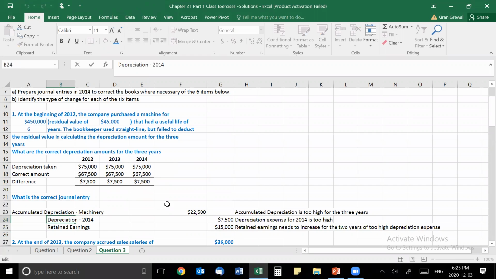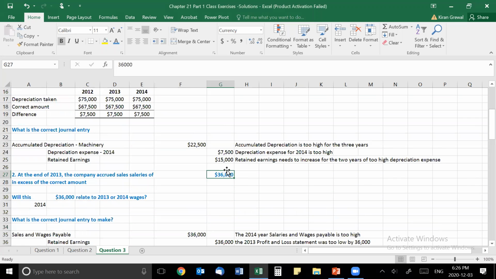So we can actually just reverse our depreciation expense in 2014 by 7,500. And then the total of those two would have to go into accumulated depreciation, because we would have taken too much out. We would have credited too much accumulated depreciation, so we have to just debit that out. All right, so that's scenario number 1.